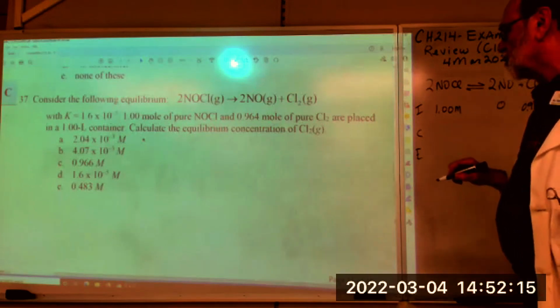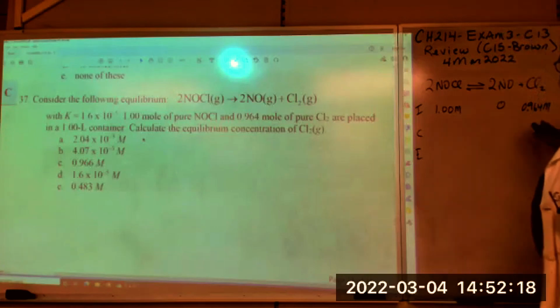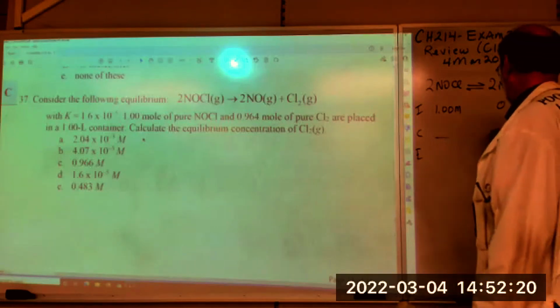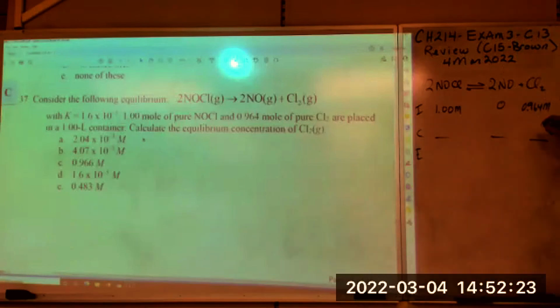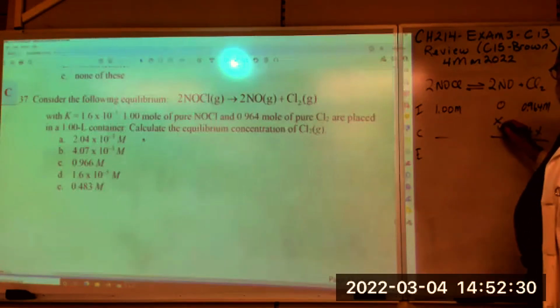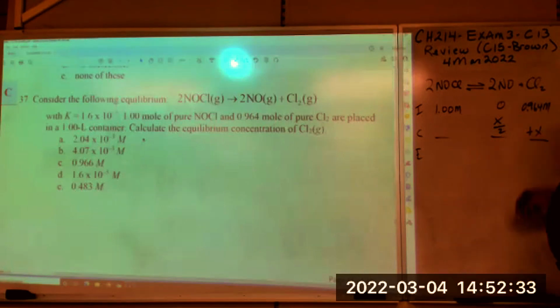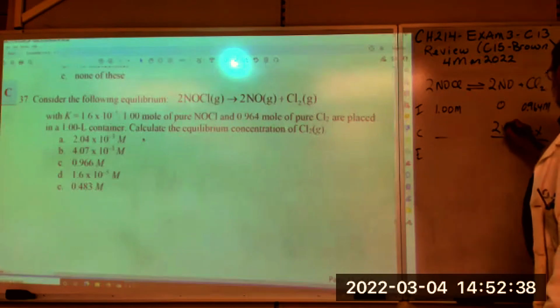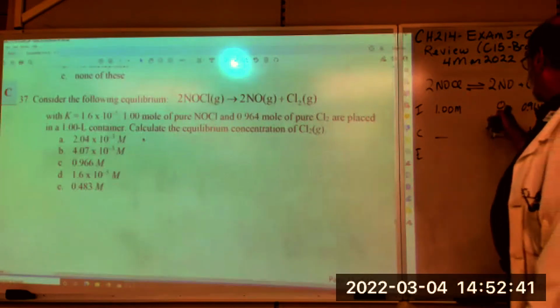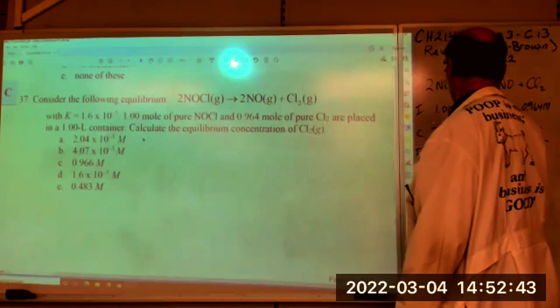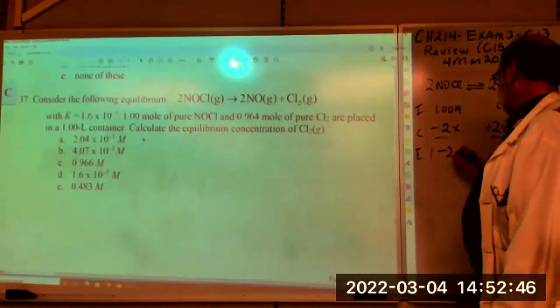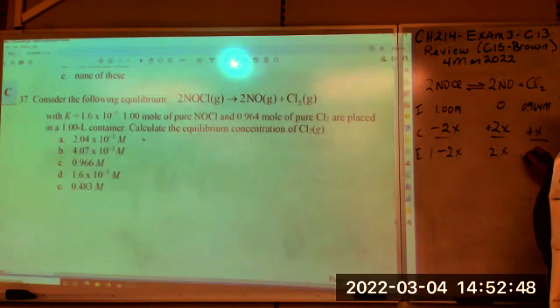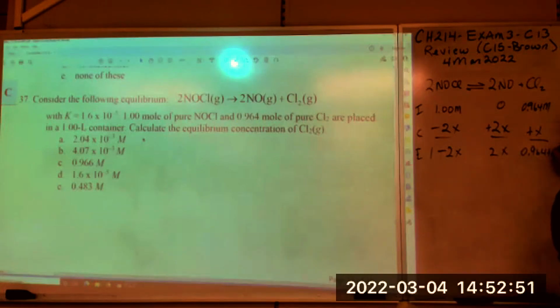So if we're looking for concentration of Cl2, then I would make this one X. It's going to make some of that. Oh, excuse me, the other way around. It's going to make 2 X's here, and that means it has to subtract 2 X's there. So we have 1 minus 2X here. We have 2X here. We have 0.964 plus X here.